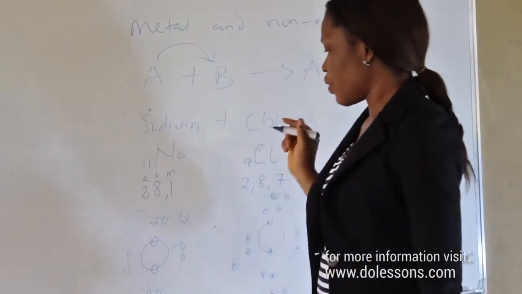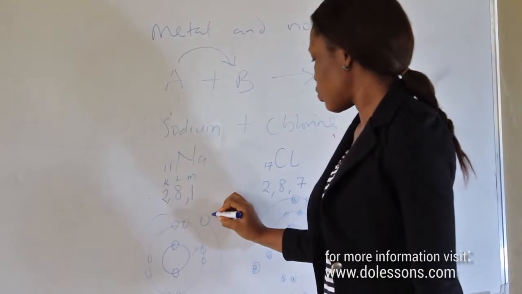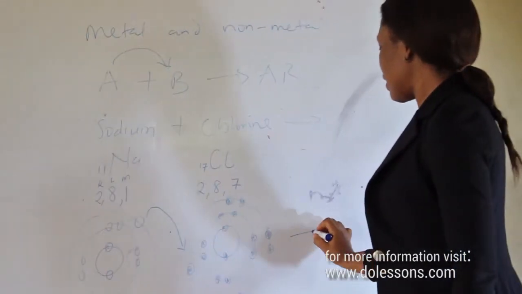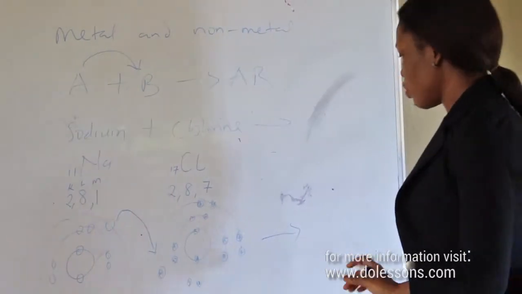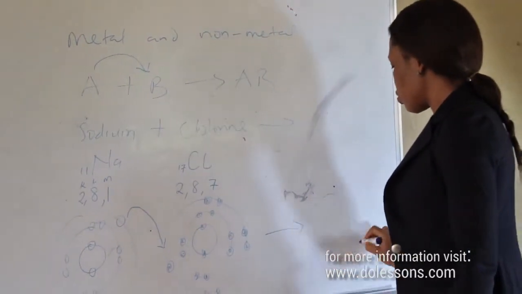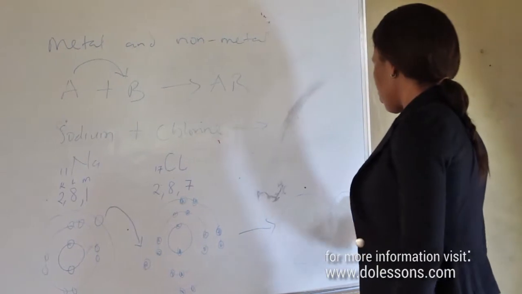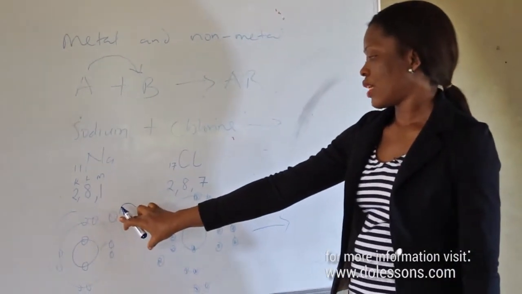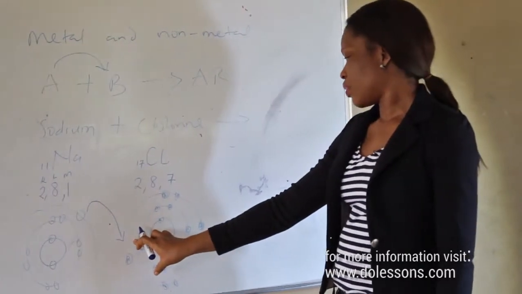Now, in this combination, sodium will transfer this 1 electron to chlorine. So at the end of the reaction, you have 2 shells with 1 of the electrons from the sodium atom now in the chlorine atom.